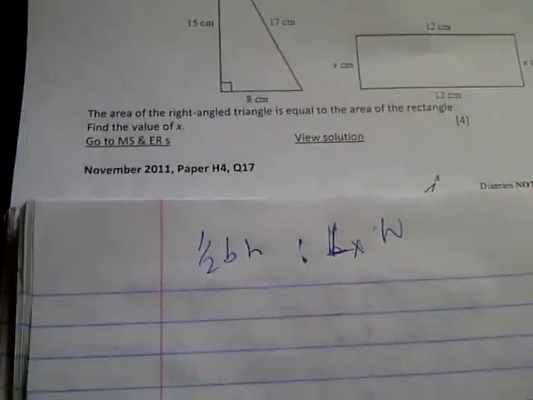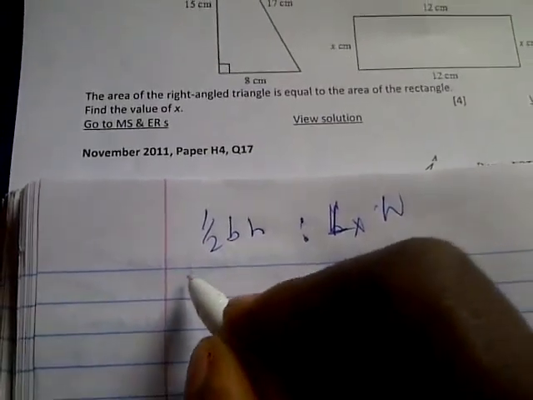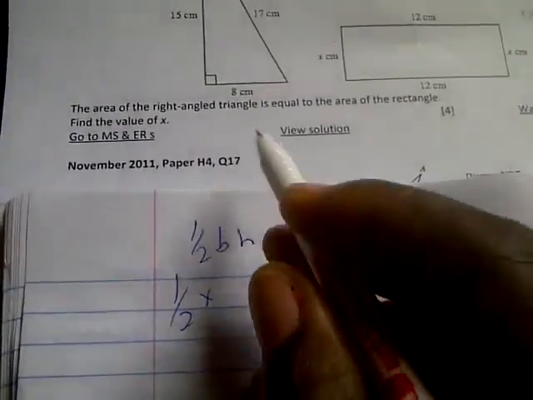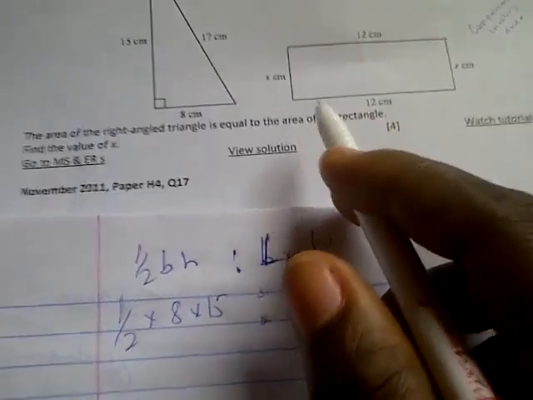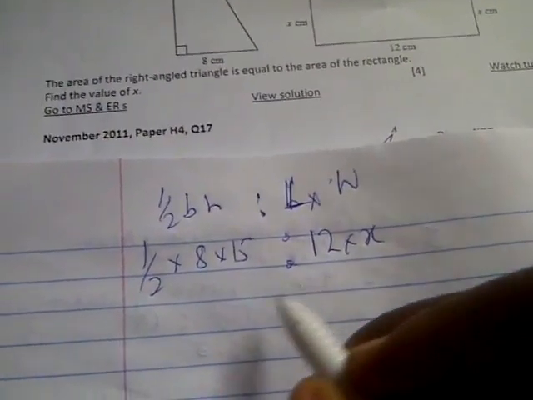That's what we're comparing. Now the area of this triangle is half, the base is 8, and the height is 15. The area of this rectangle is length 12 times x. So this cancels, and this is 60 and 12x.